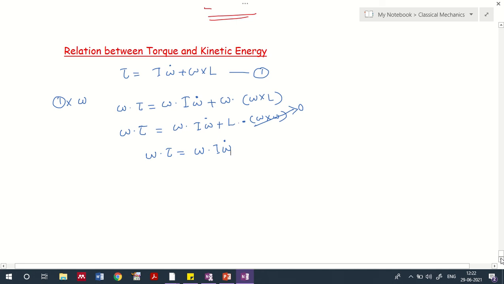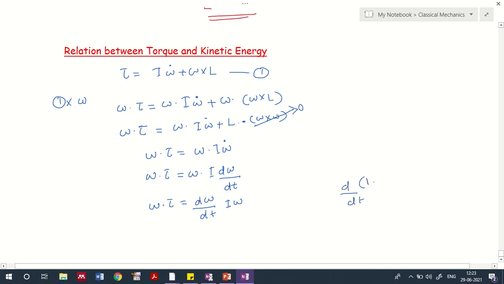Omega dot means d omega by dt, so we can represent this in d omega by dt form: omega dot tau is equal to omega into I d omega by dt. If we rearrange, omega dot tau will be equal to d omega by dt into I omega.